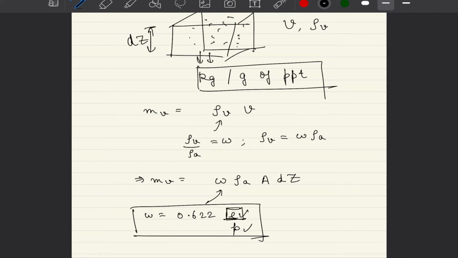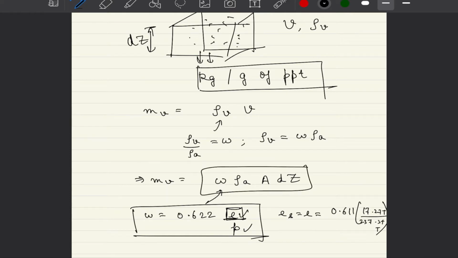To calculate E, we either need to know the relative humidity or we need to know whether air is at saturation or not, so that we can estimate E as ES, which is given as 0.611 exp of 17.27 times temperature divided by 237.3 plus temperature in degrees Celsius. So putting all these ingredients together, we should be able to estimate the volume or the mass of water that is present in a given atmospheric column.